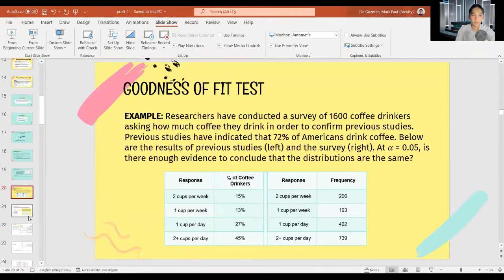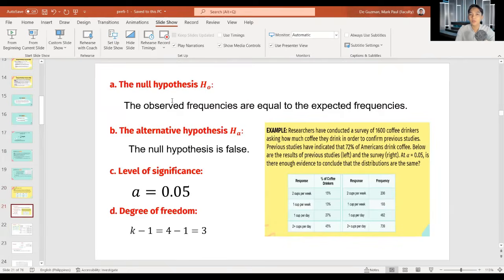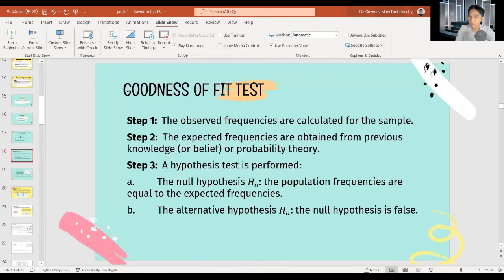Gawin na natin yung step by step. The null hypothesis: the observed frequencies are equal to the expected frequencies. Saan galing yun? Dito sa process ng null hypothesis natin.